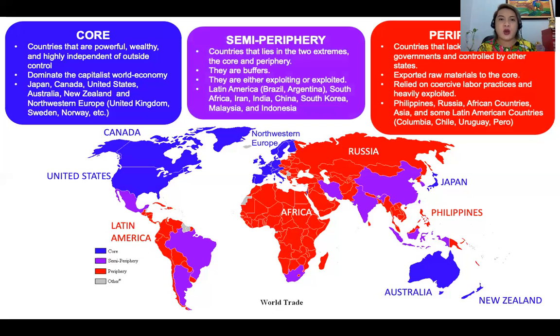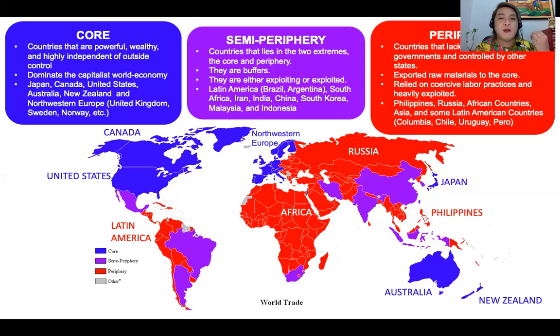Now let's go in between the core and the periphery, which is what we call the semi-periphery. The semi-periphery are what we call the second world countries. These are countries that lie between two extremes. What do we mean by the two extremes?